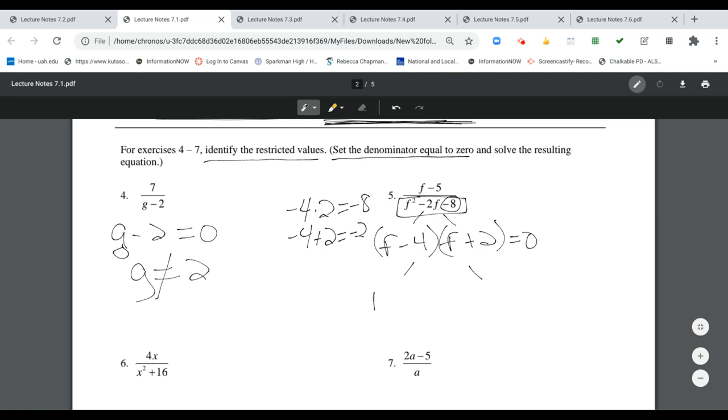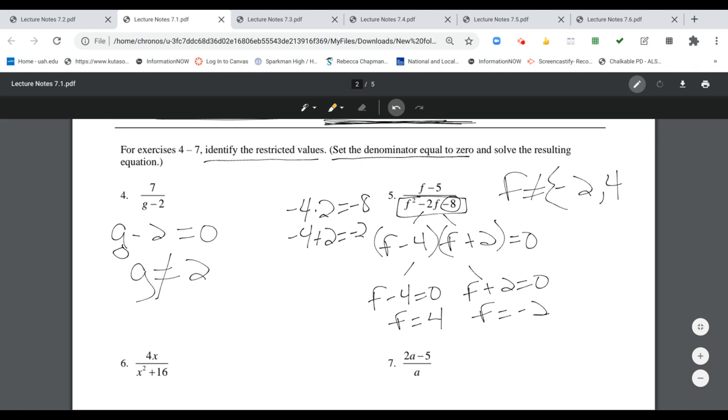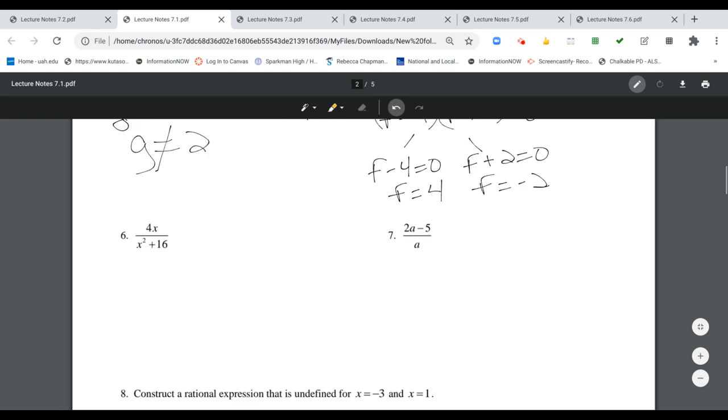So once I set my factors equal to 0, I have my restricted values for this particular problem. So f cannot be -2 or +4. Those are my restrictions on number 5. Those are the two values that I cannot have.